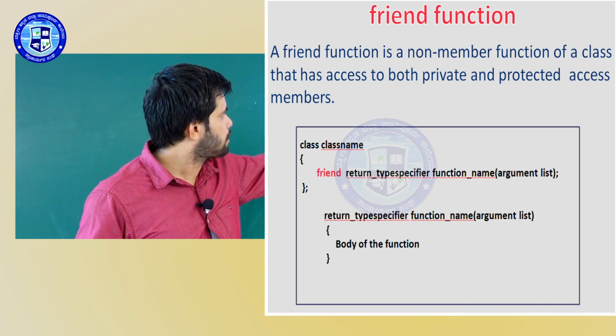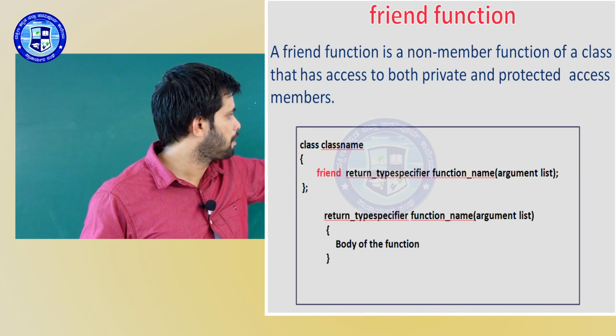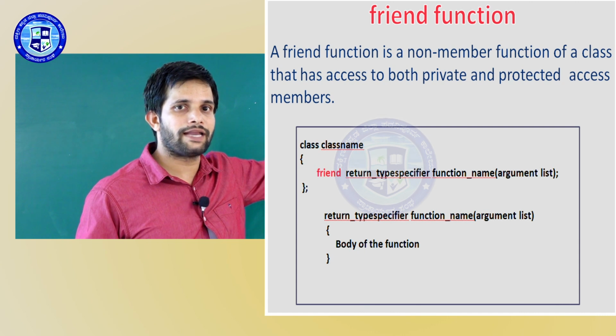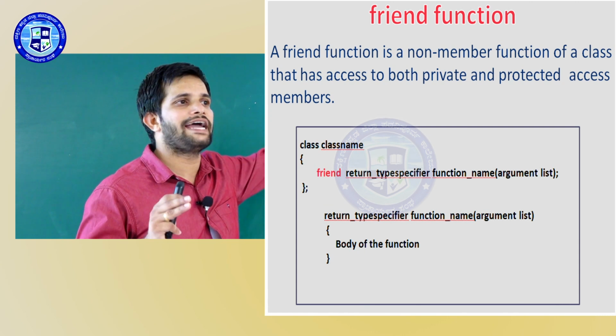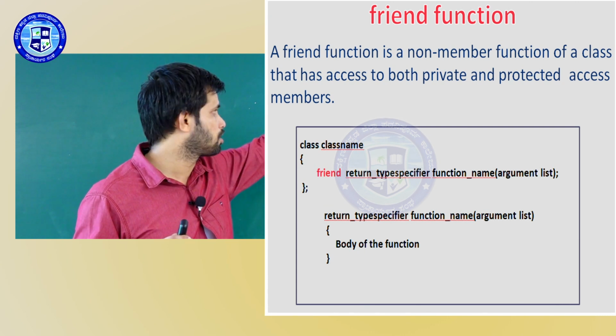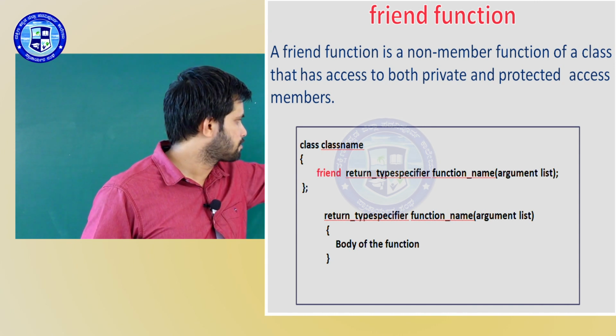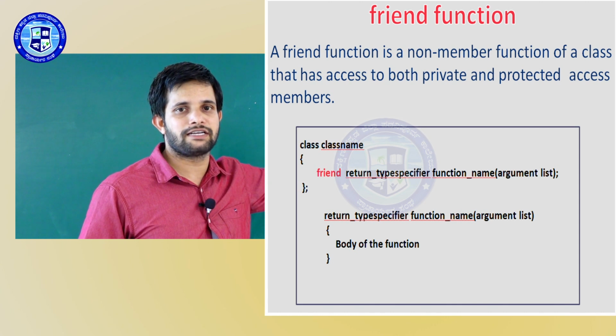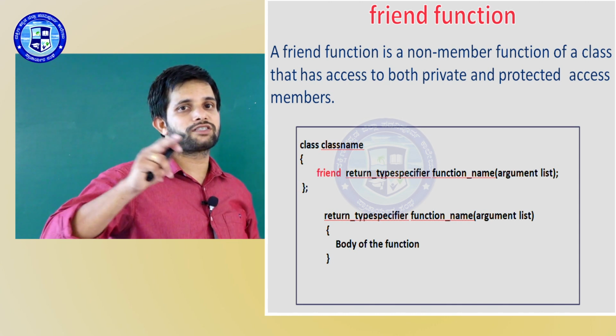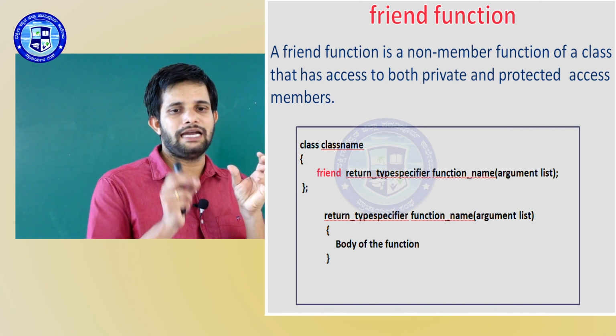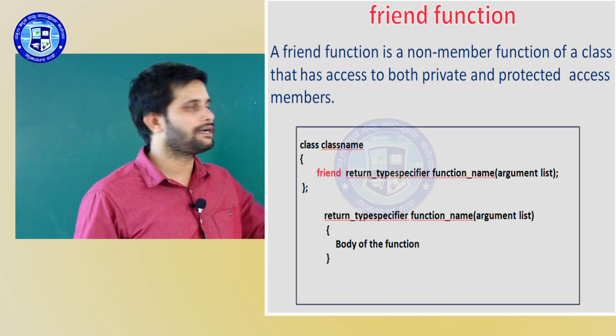And when you are accessing the data members inside the friend function, you cannot access them directly. You are supposed to use the object name and the member operator followed by that particular data member.